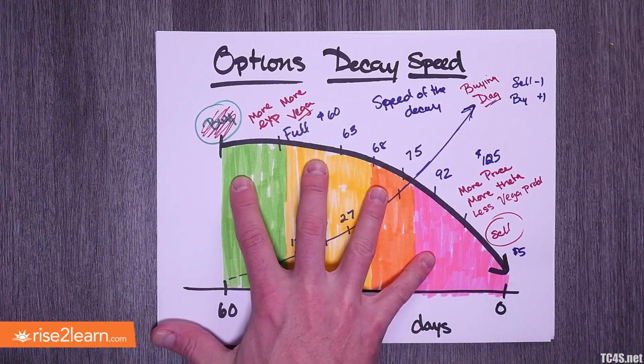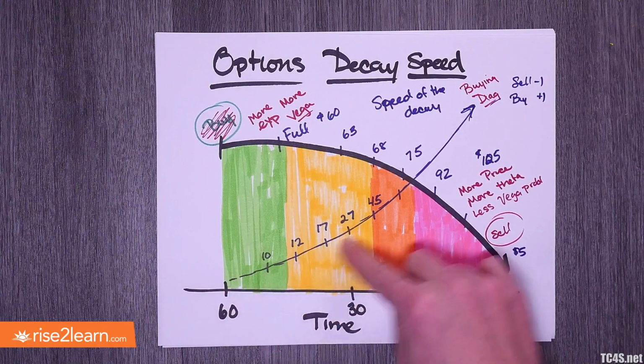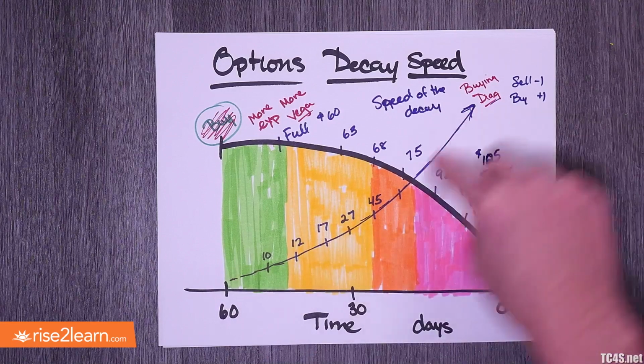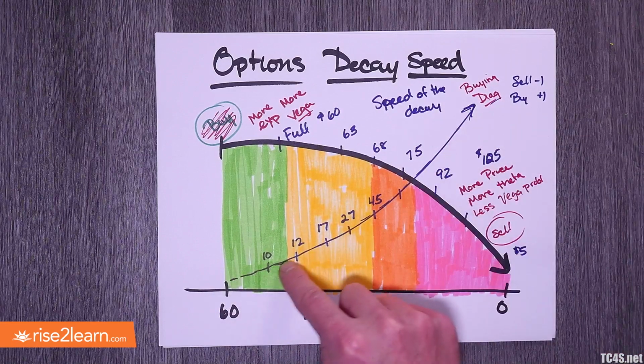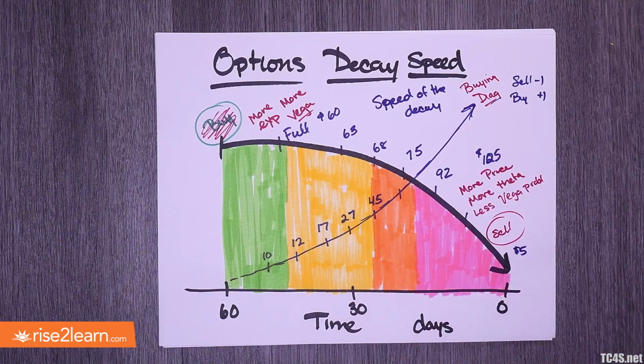When you're a buyer, they decay like this. For us, since we're a seller most of the time, we make that money in the opposite way. We make a little bit a day, and then it starts to pick up speed fairly quickly and rapidly as that decay happens.